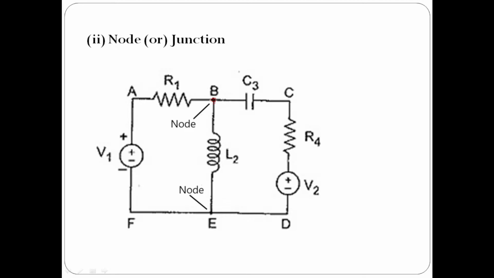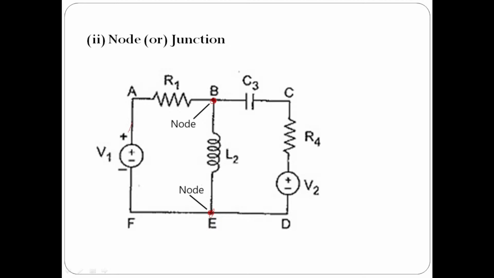Why do we call them nodes? Let us see. Here there is a voltage source, with a plus symbol and a minus symbol. As I said, from the positive terminal the current will come out from the source and flow like this. Here it will bend, the direction of current is changed, and it will flow through the resistor. After that it will come here.